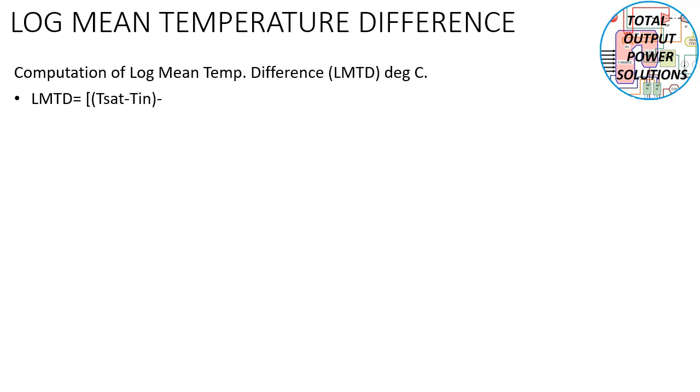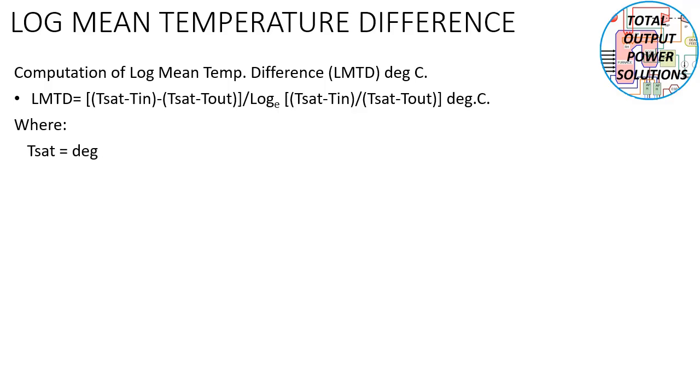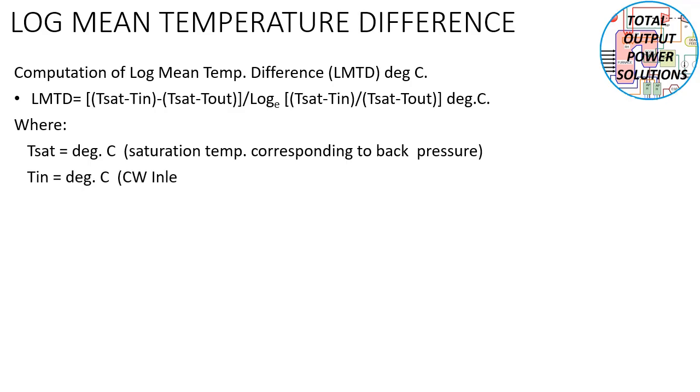Now one more parameter is there, which is log mean temperature difference. The computation of log mean temperature difference can be calculated by the formula that is given there. So you can calculate the LMTD design, because you know the design parameters, and you can calculate the LMTD test also.